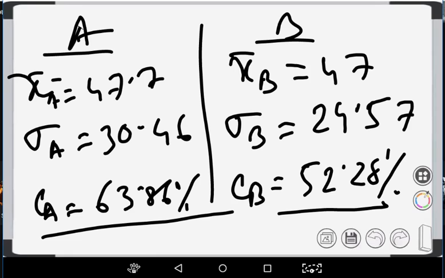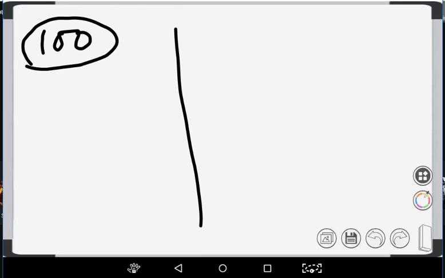I'll take 5 more minutes. I'll do another problem, and if you can do this problem quickly, please write. In a group of 100 students, there are 45 girls.